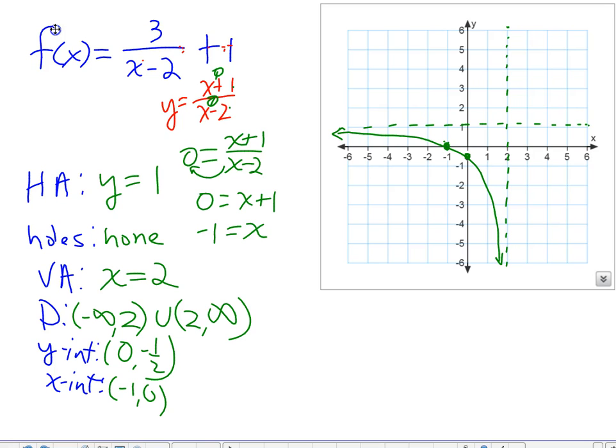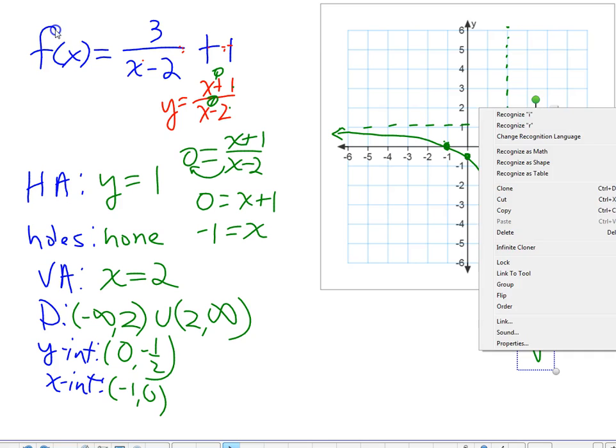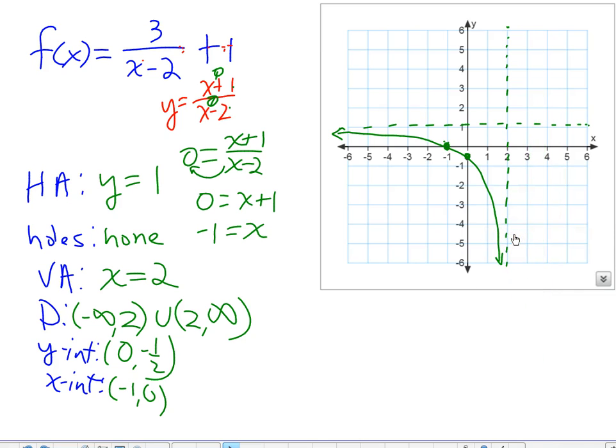And now I'm going to do the right side of the vertical asymptote, but I don't have any special points on the right side of this vertical asymptote, so I have to develop my own points by picking just some random value for x, plugging it in to the equation, and seeing what y is.